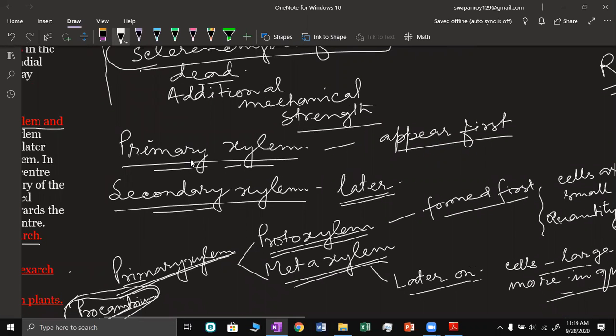Here, primary xylem appears first, and this one is from the primary meristem.